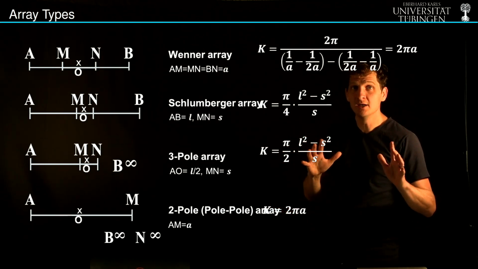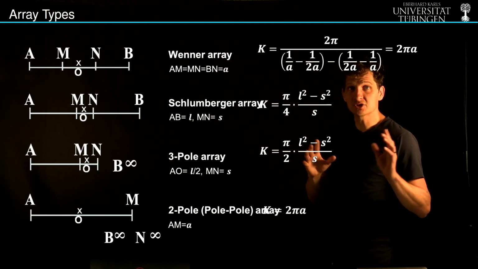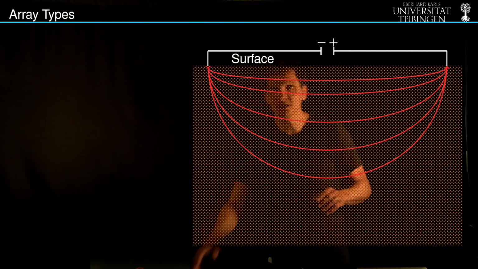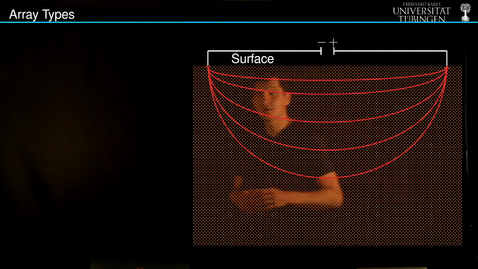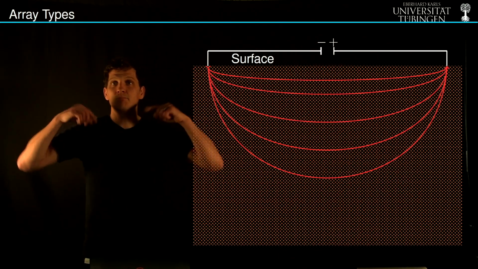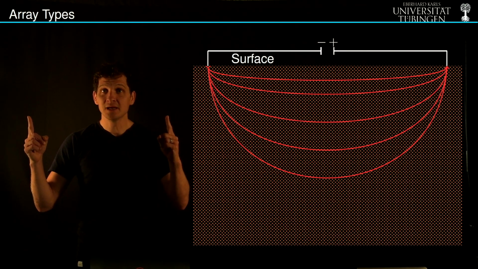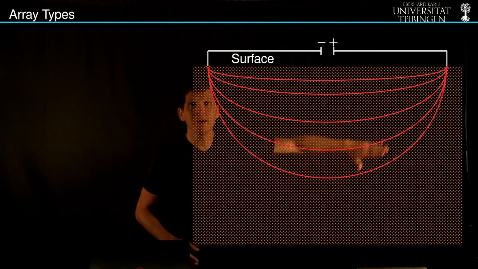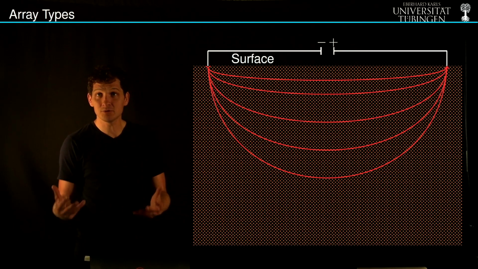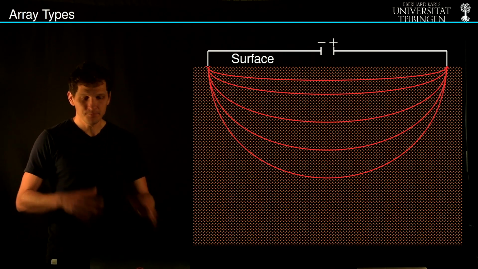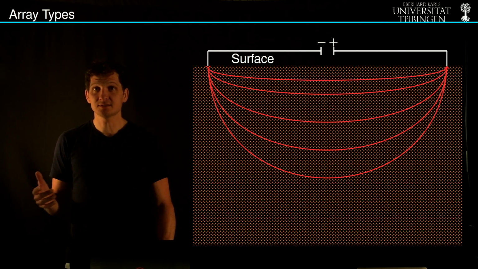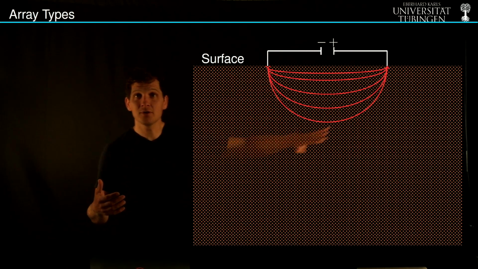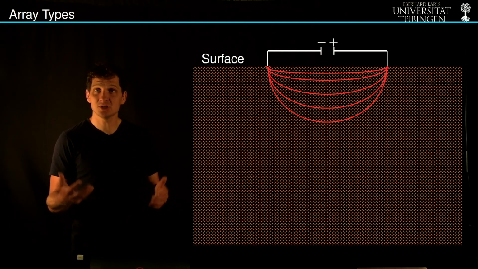However, there's one very obvious effect which I would like you to remember. So if we have current electrodes at the surface, and those electrodes are spaced comparatively far apart, then current flow lines will penetrate comparatively deep into the subsurface. However, if we reduce the distance between electrodes, then the corresponding flow lines are much shallower.